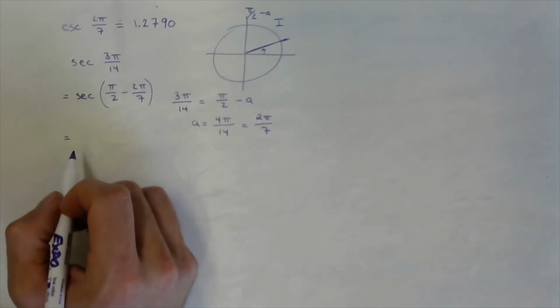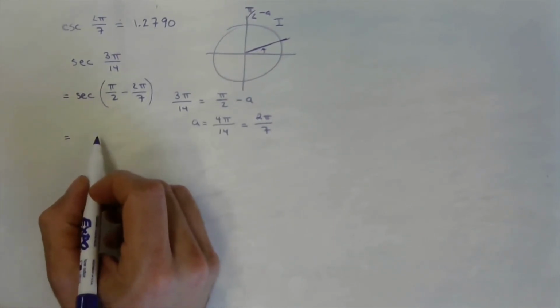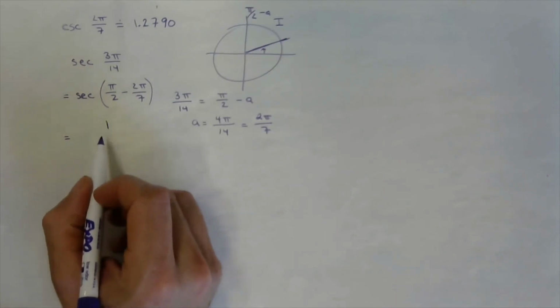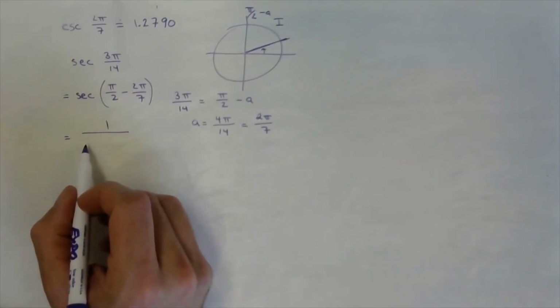Express as a primary trigonometric ratio. So we need the reciprocal here. We've got 1 over, what corresponds to secant? Sine.